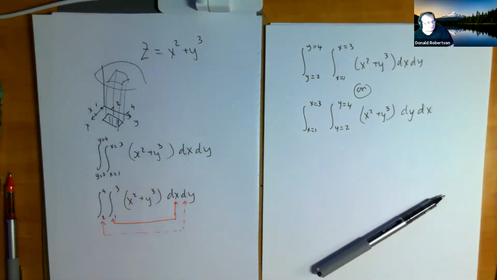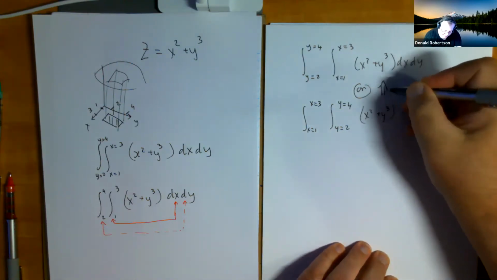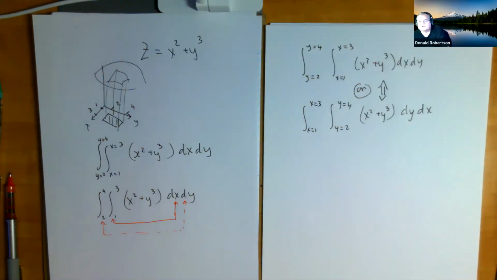And as long as it's a rectangular region, which it is in 15.1, those two things are totally equivalent. Would you agree? Doing x from 1 to 3 and then doing y from 2 to 4 has the same net effect as doing the y's first and the x's second. Would you agree you still cover the rectangle and you still get the function?